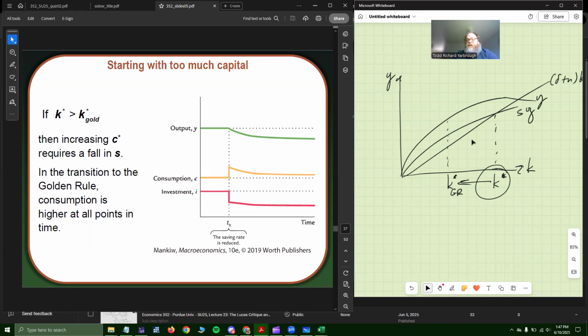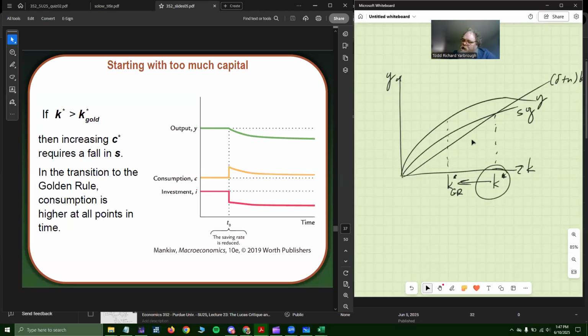We're overinvested in the sense that our consumption is actually being hurt by the current level of capital stock per worker. And so from a policy perspective, we actually want that capital stock per worker to decline, and that will translate into higher consumption, which is a little bit counterintuitive.